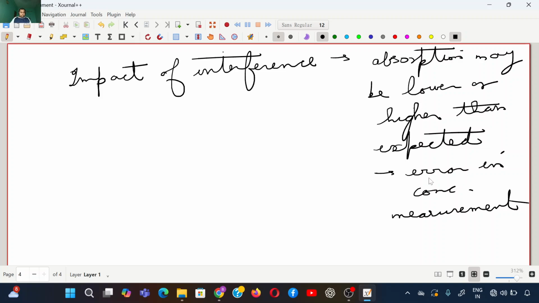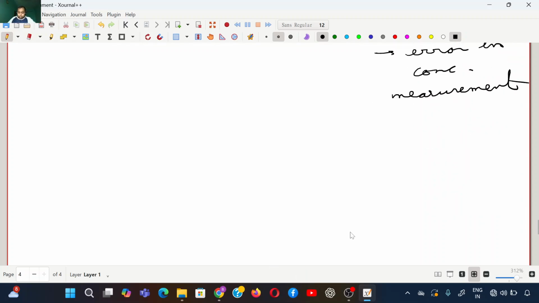So in this next session, for the next 20 minutes or so, I will look at some of the other interferences in more detail. This spectral interference, I hope it is very clear by now.